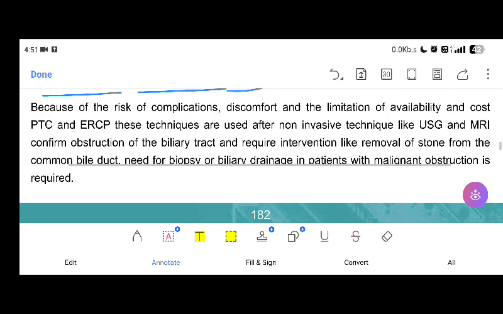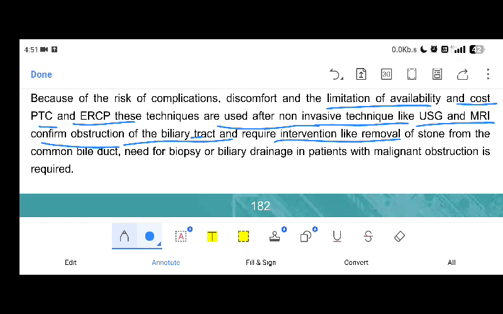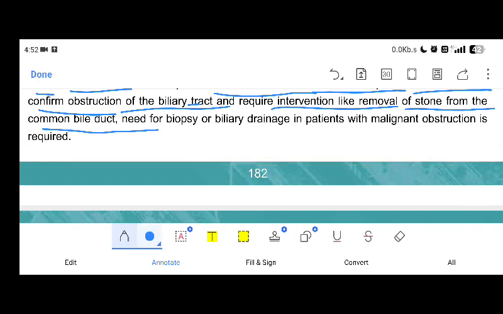Because of the risk of complications, discomfort, limited availability and cost of PTC and ERCP, these techniques are used after non-invasive techniques like USG and MRI confirm obstruction of the biliary tract and require intervention like removal of stone from the common bile duct, need for biopsy, biliary drainage, and in patients with malignant obstruction.